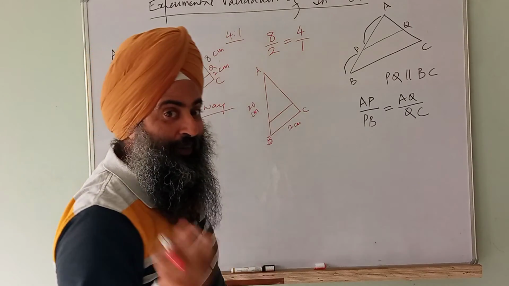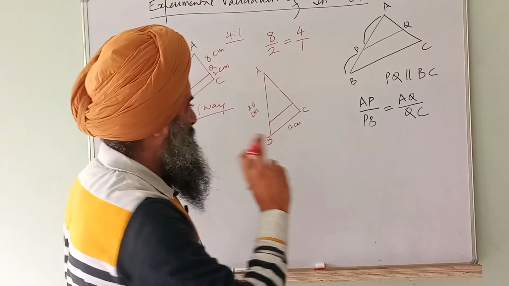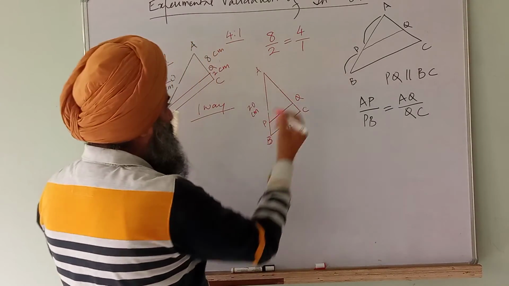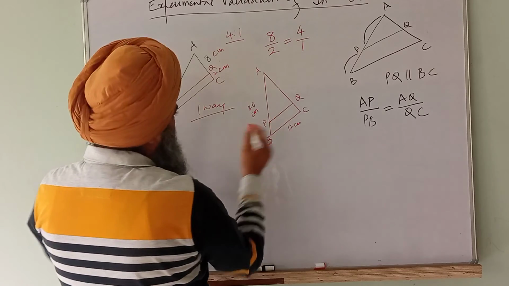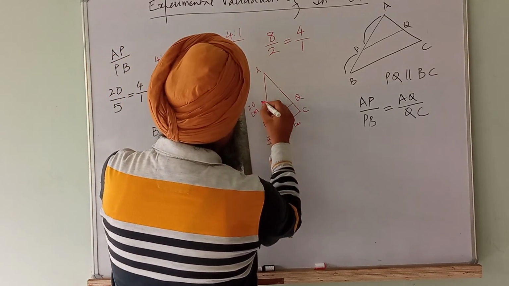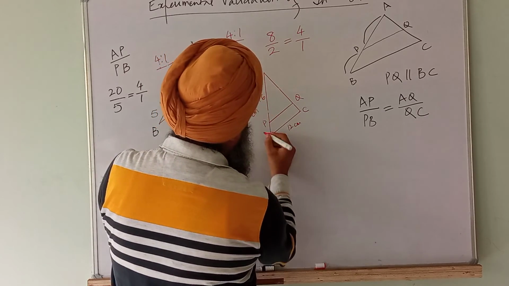Now according to the theorem, the ratio should be same. Now let's say this line is PQ. Now I will measure AP and PB. Now AP is 16 and PB is 4.